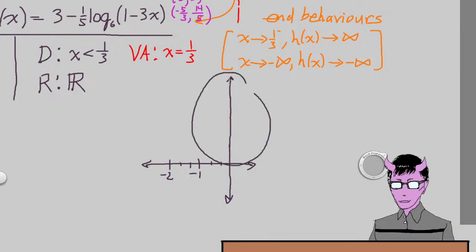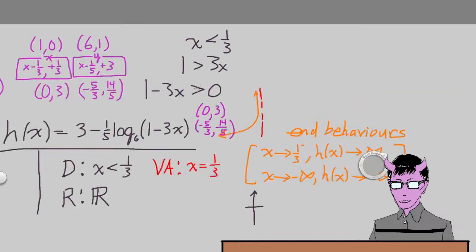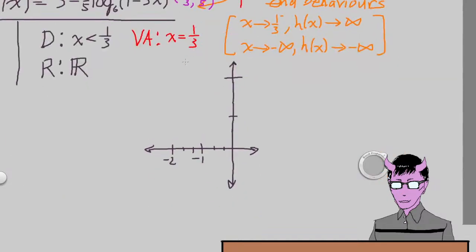Alright, so the y-axis will be a little inconsistent since my hash marks are off. So this is +1, +2. We need to hit 3, right? Okay, well.